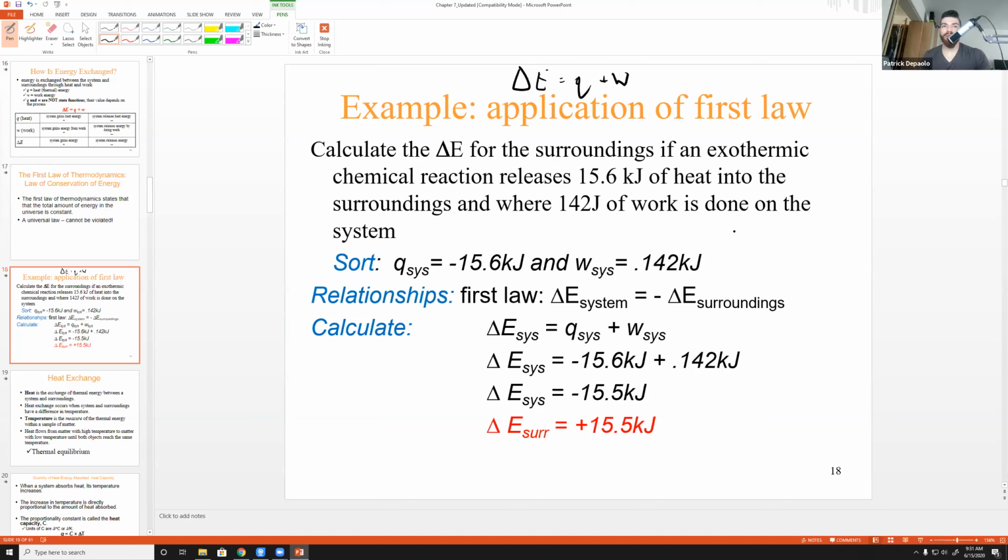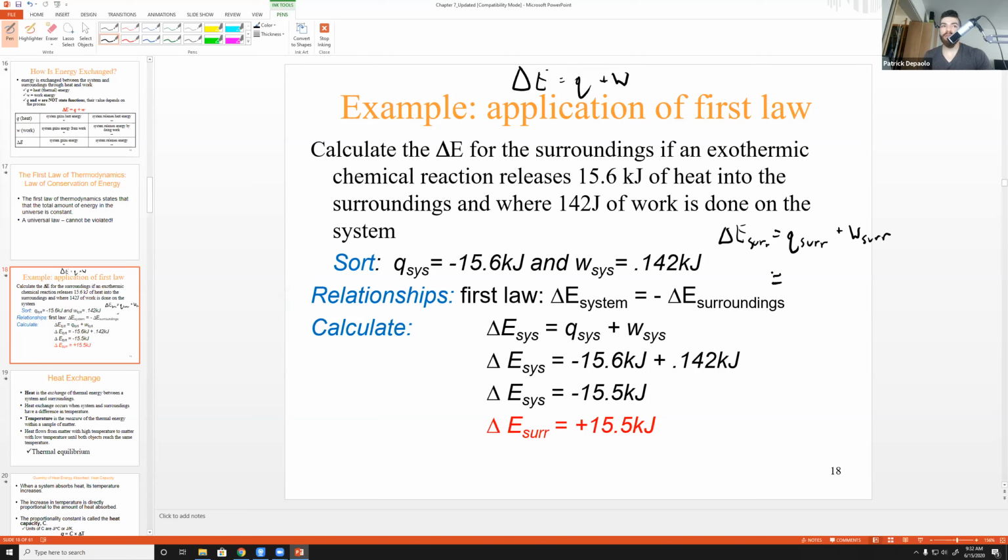So we know that we could do it either way. We could just cut right to the chase, or we can do the energy gained by the system equals the negative energy of the surroundings. But let's talk about the surroundings. The delta E surroundings is going to equal Q surroundings plus W surroundings.